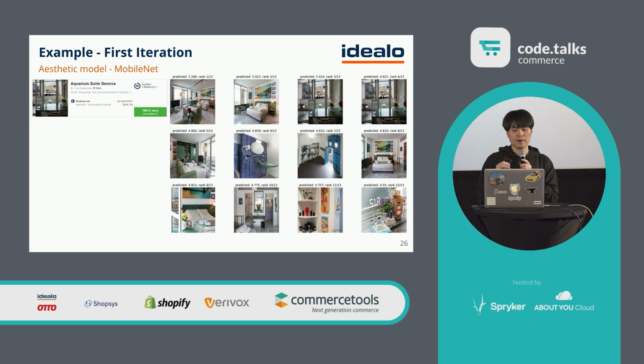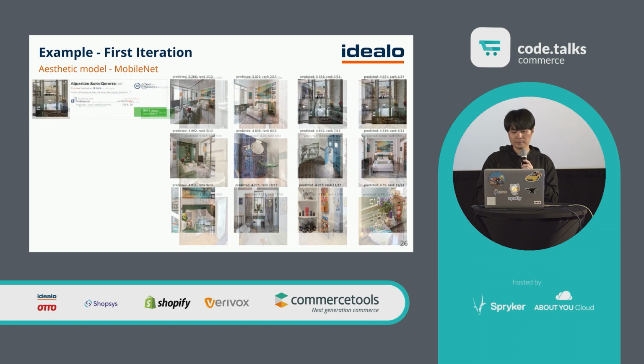One problem is the ranking. As you can see, the best picture has almost 5.3, and the last picture has only 4.5. So the discrepancy between the first picture and the last image is not very high. This is problematic because if you have a logic in your application, like only showing pictures that are over 7, this would not be possible.